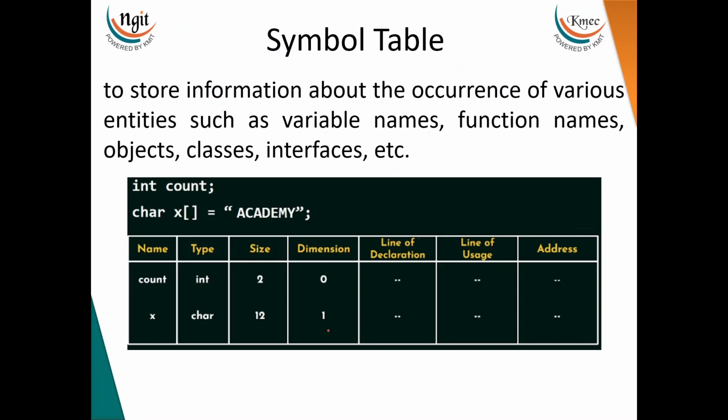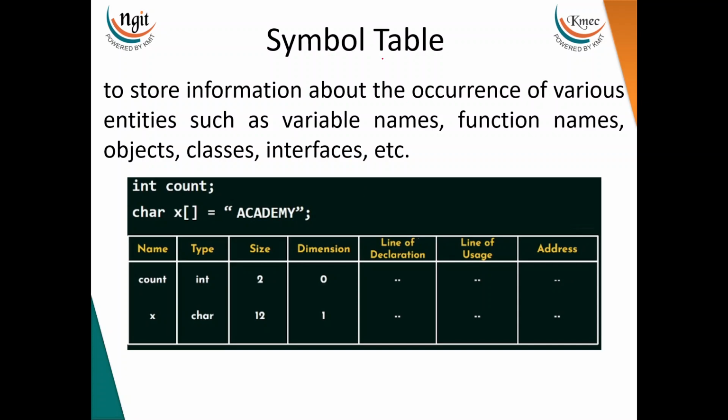Then we have the most powerful data structure in the compiler, that is the symbol table. Guys, listen here. Symbol table is a data structure which mainly maintains the information about identifiers. In some languages, the symbol table maintains the information about all the tokens.